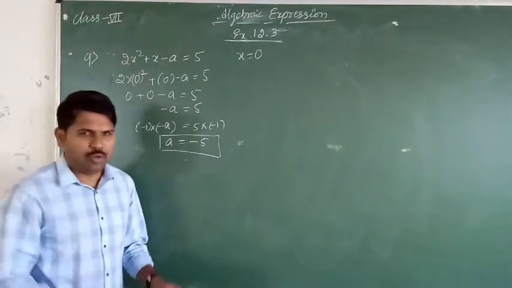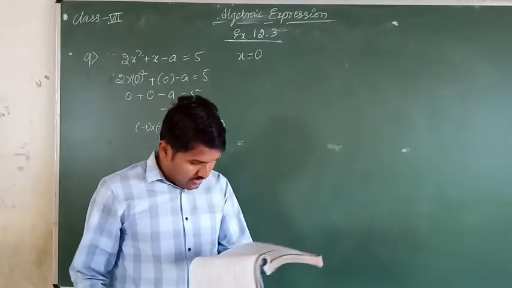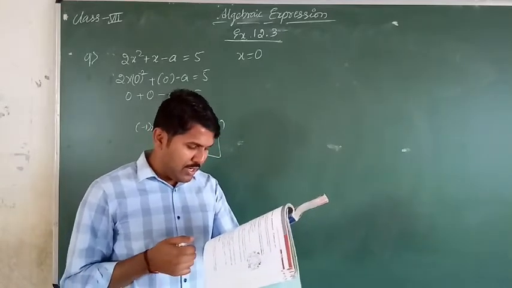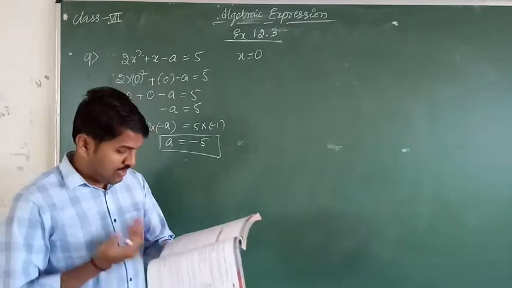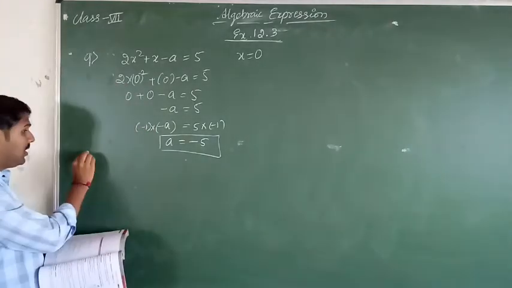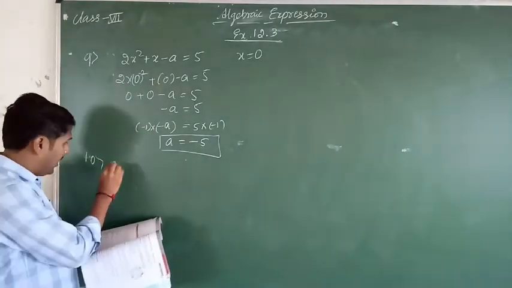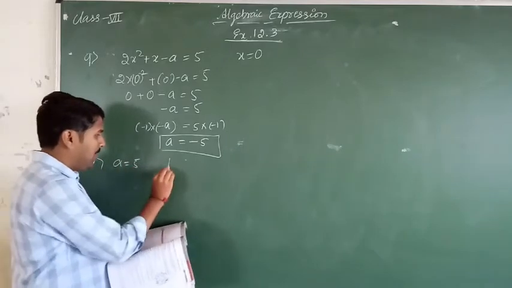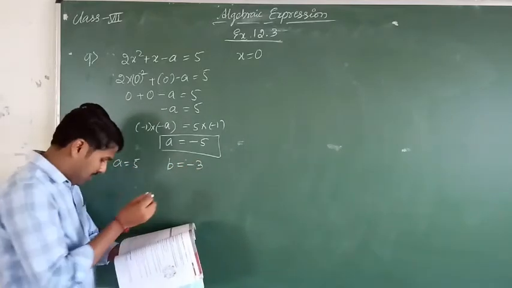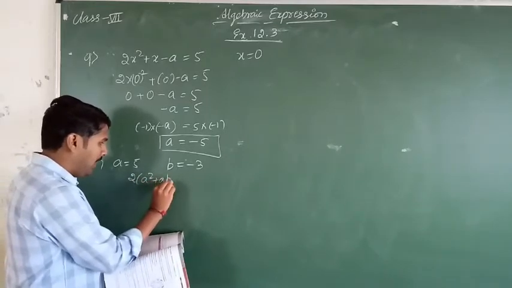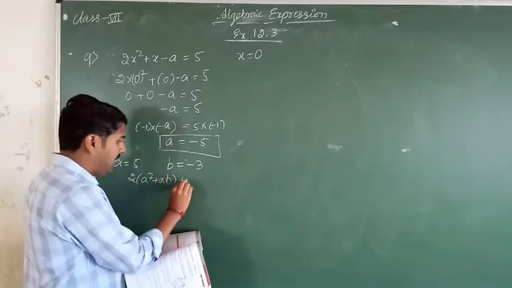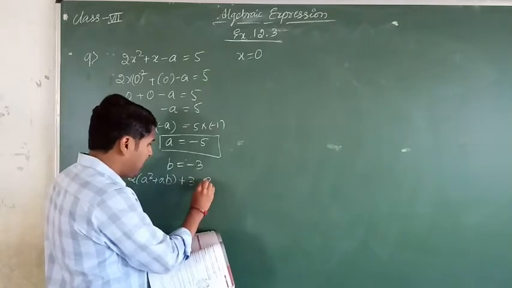Very simple. Okay. So next one: simplify the expression and find its value when a equals 5 and b equals minus 3. That is also the same. Just write it yourself. So 10.1, the last value is there. So a equals 5 and b equals minus 3. So the expression is 2 into a square plus ab plus 3 into 3 minus ab.